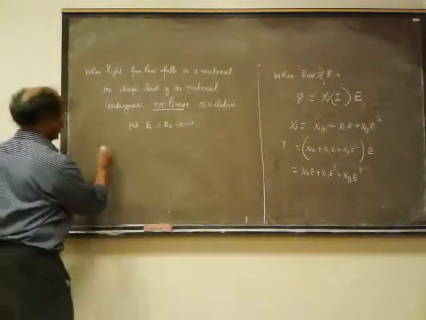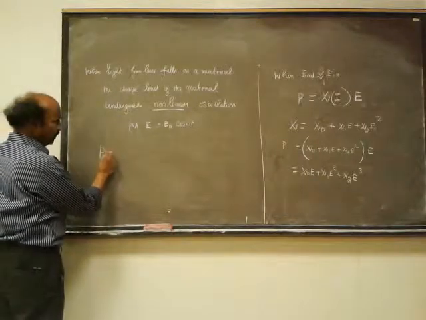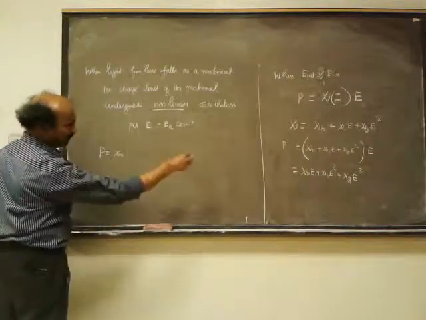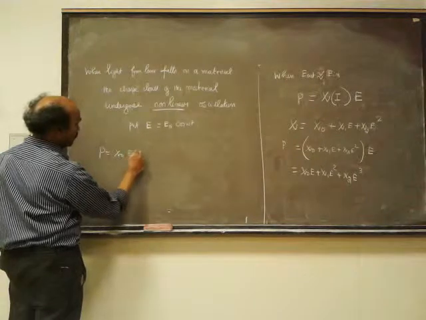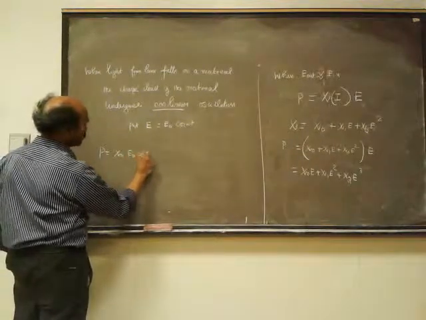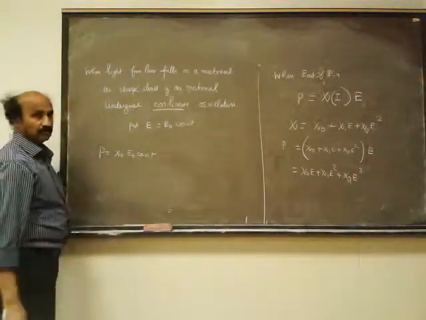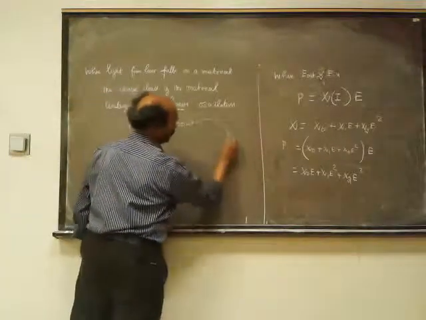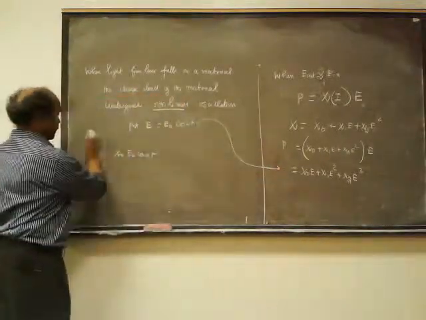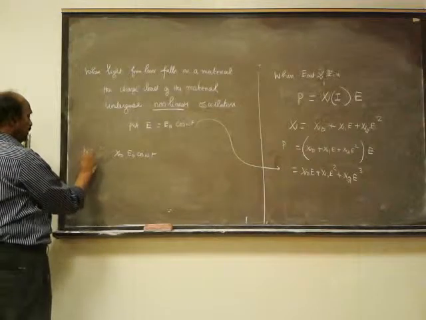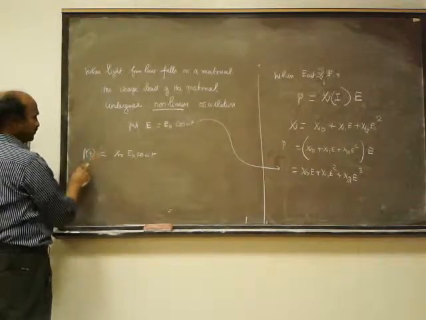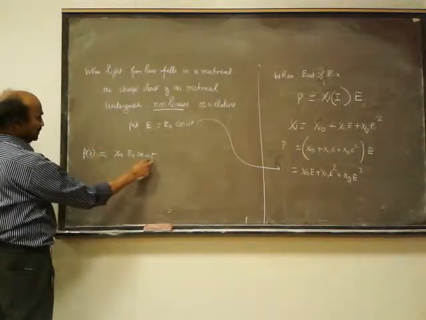Then just substitute. P would be chi naught E naught cos omega t. And here immediately we must put P of t, because it is a function of time, because it is changing with time.